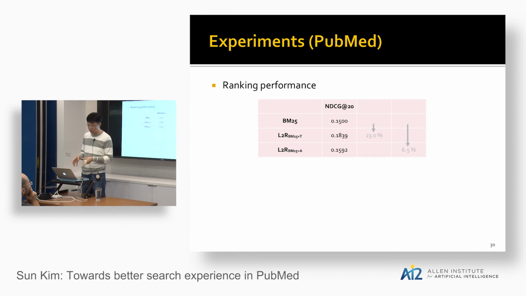Since it's a learn-to-rank approach, we used normalized discounted cumulative gain for evaluation. And as you see from here, BM25 scored 0.15. If we add PubMed titles and abstracts, the improvement is 23% and 7% for using titles and abstracts respectively. So the performance increase is larger when we use PubMed titles than using PubMed abstracts.